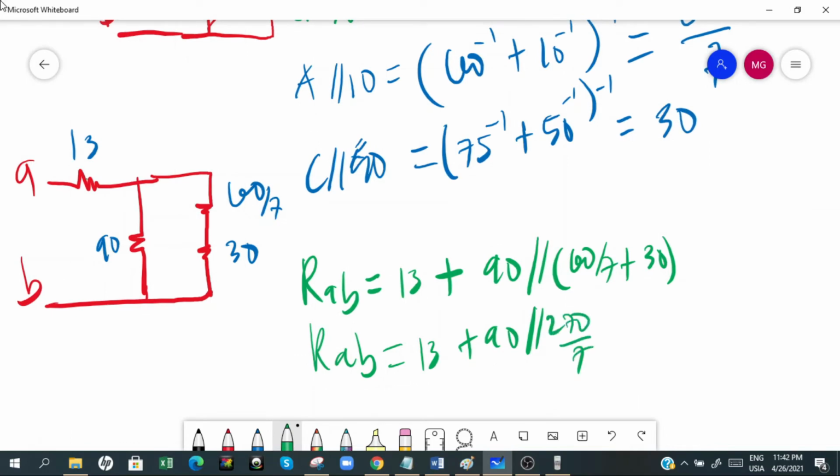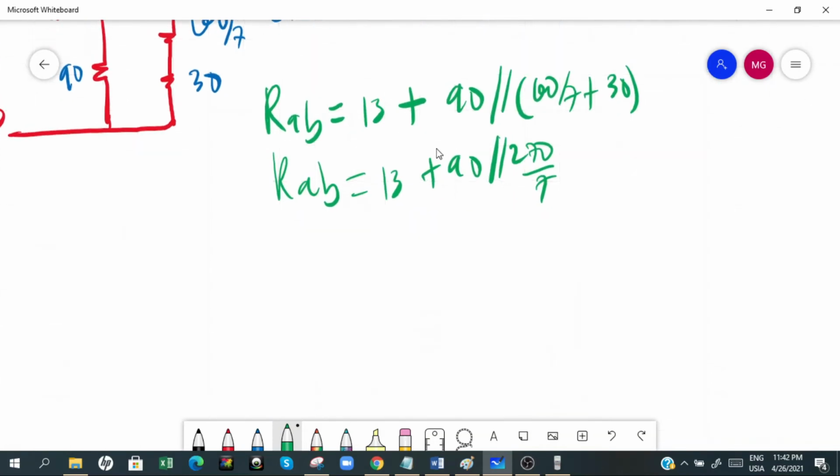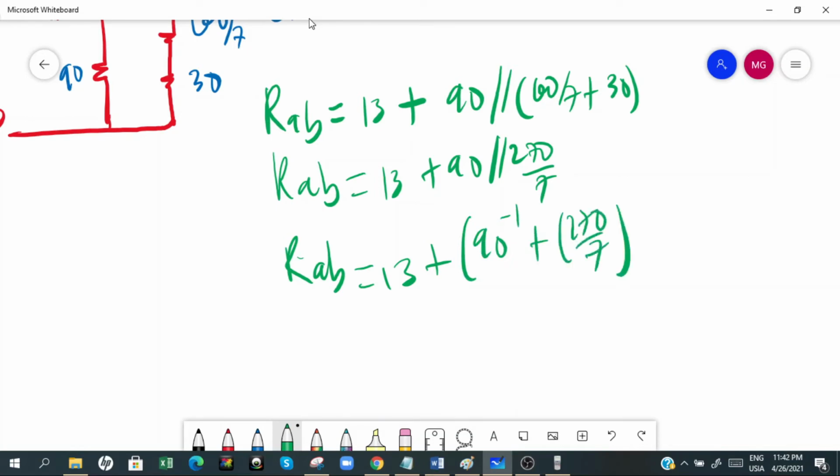So RAB is 13 plus 90 inverse plus 270 over 7 inverse, then inverse everything.